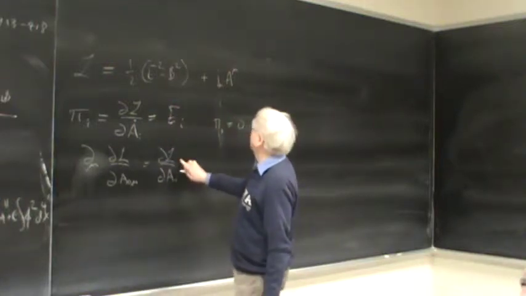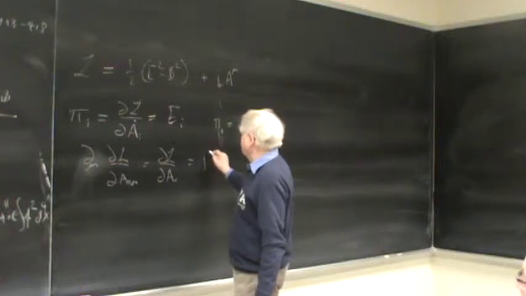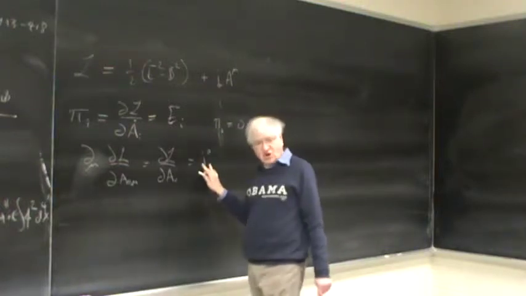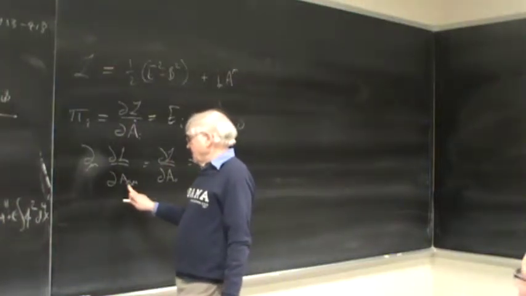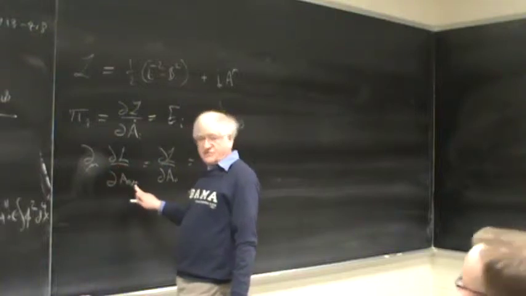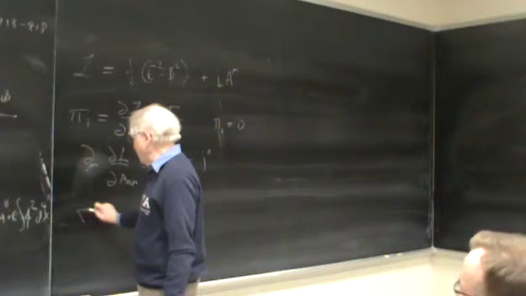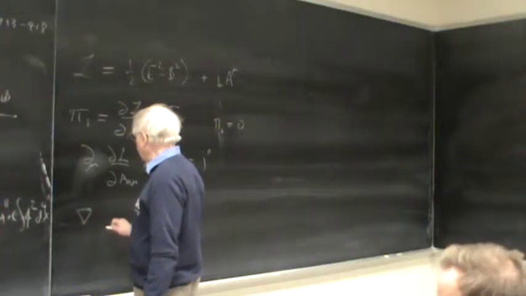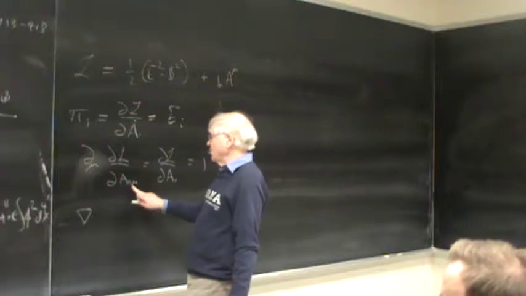Well, partial L partial A_0 here is J_0, which is the charge density. This thing is only non-zero for spatial values of μ. And so this means we have something like a divergence of, and what's the derivative with respect to A_0,i?